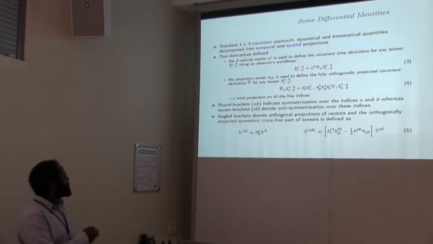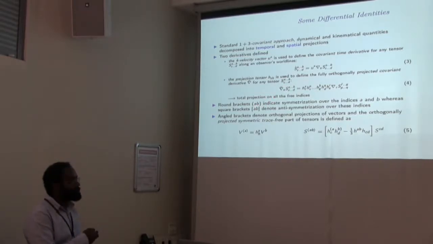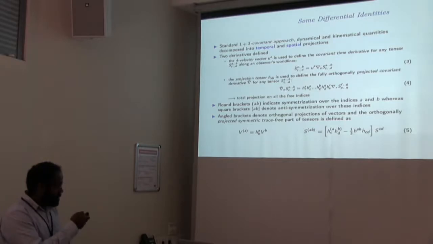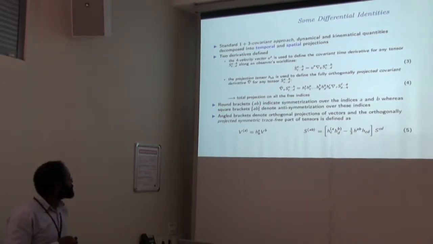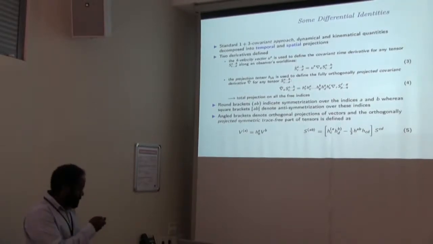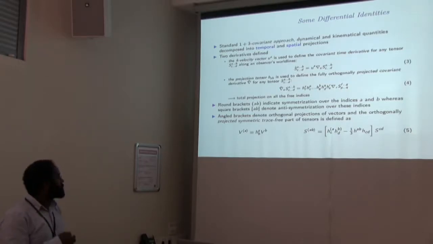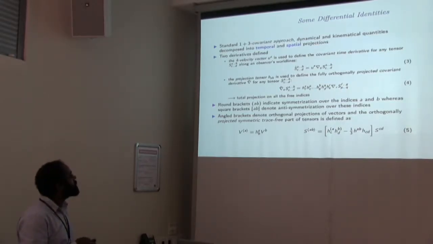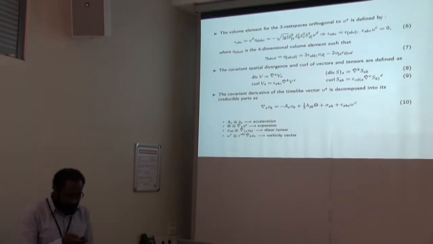We'll use the notation that round brackets refer to symmetrization over the indices a and b, whereas square brackets refer to anti-symmetrization. And this angular bracket refers to the orthogonally projected symmetric trace-free component of tensors or vectors.